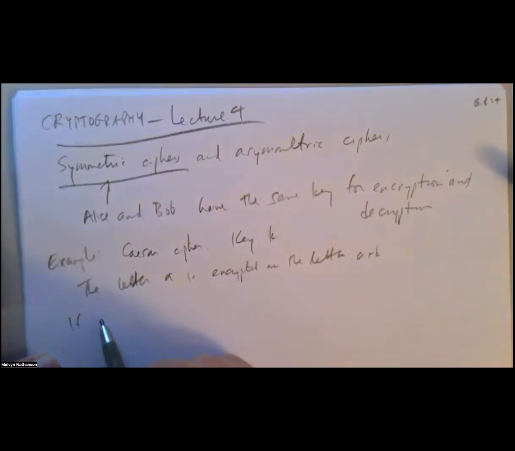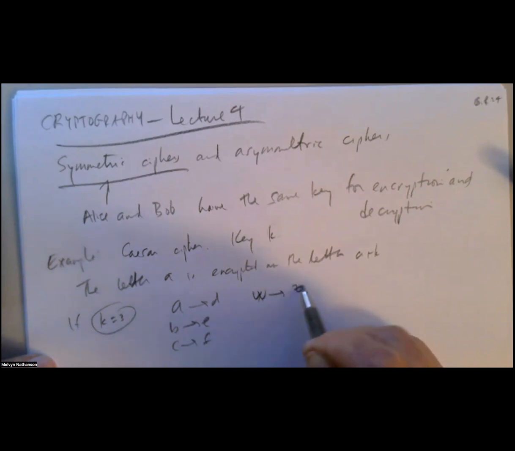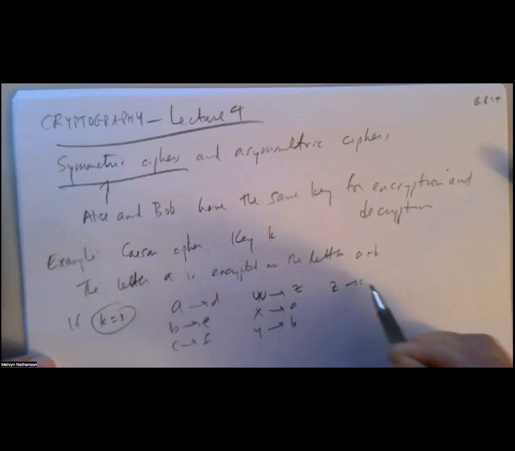So for example, if the key is 3, when you're encrypting, A goes to the third letter after A: B, C, D. B goes to E. C goes to F. X goes to A. Y goes to B. Z goes to C. It's like you have the alphabet, and then under it, you translate this by 3.